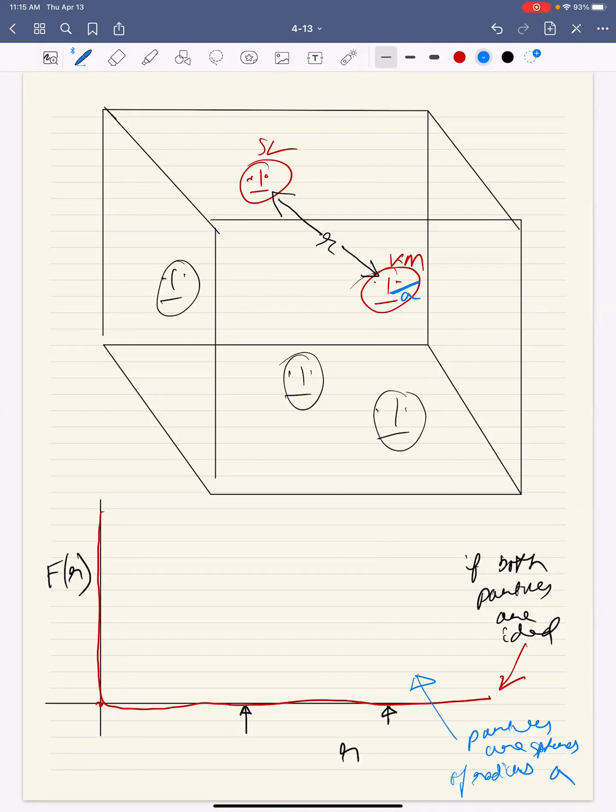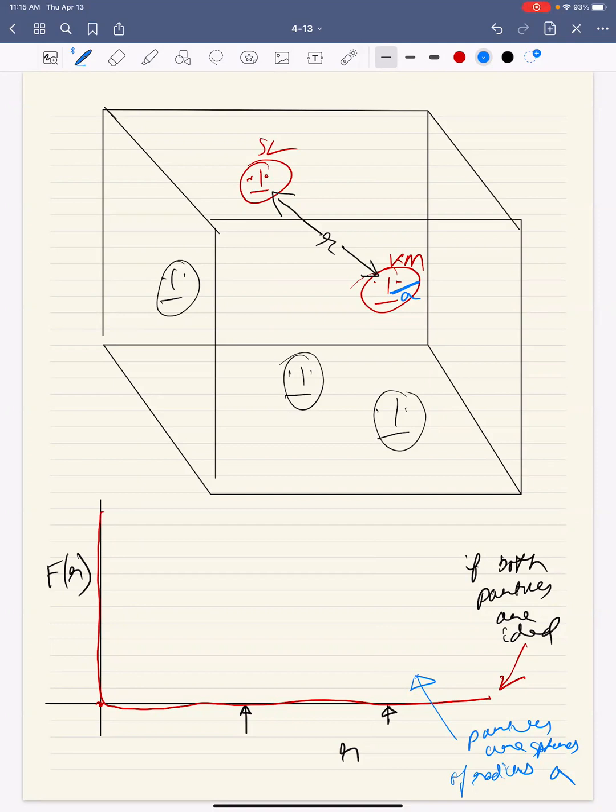So now, Kinjal, what do you think the force will be, if both of you are now spherical particles of radius A? The question is for Kinjal, Alex, not for you. Kinjal, tell me.